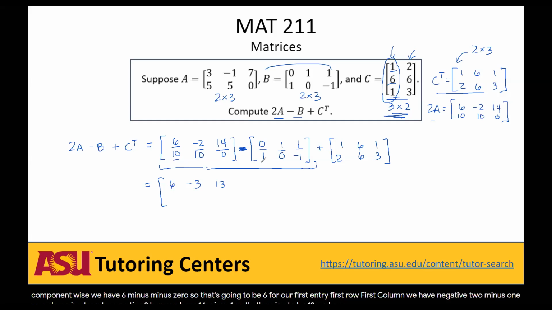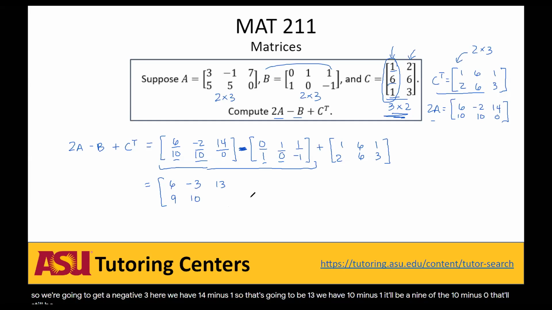We have 10 minus 1. That'll be a 9. We have a 10 minus 0. That'll still be 10. And we have a 0 minus negative 1, which is 0 plus 1. So we have a 1 here.